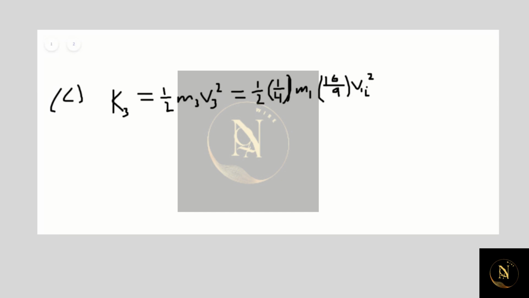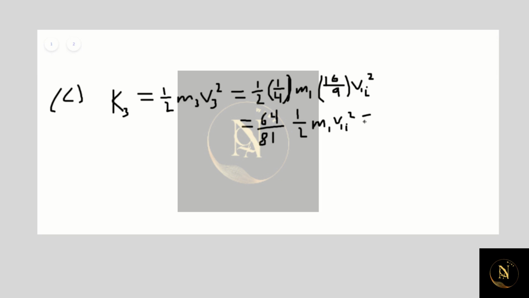Okay, so this is equal to 64 over 81 times 1/2 M1 V1 initial squared.